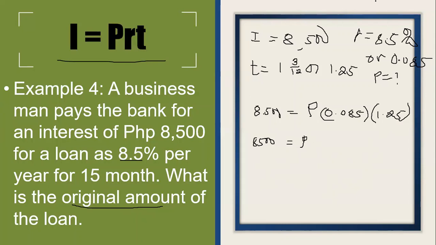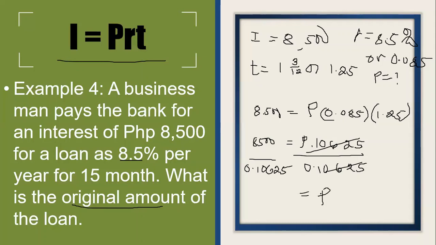So we have 0.10625. And then divide po natin siya by the numerical coefficient po ng P, which is 0.10625. So 8,500 divided by 0.10625. Cancel out po, and then principal money na po ang matitira.